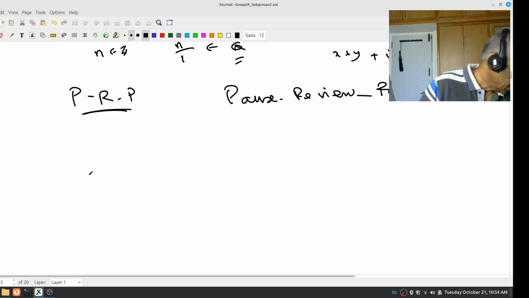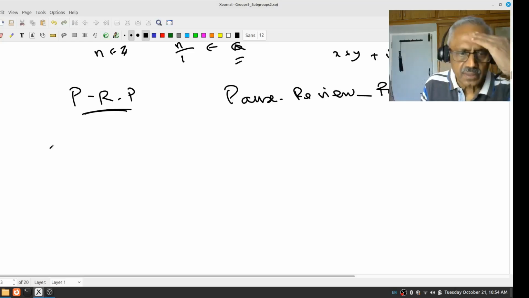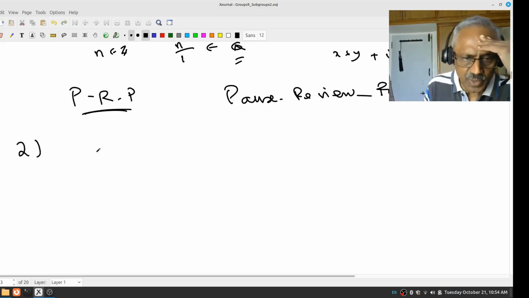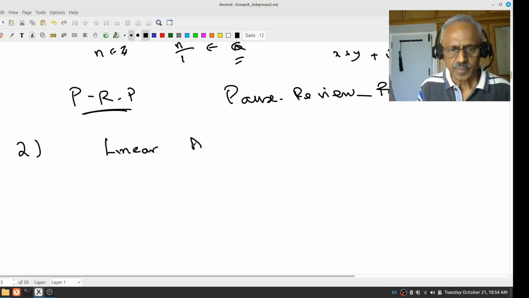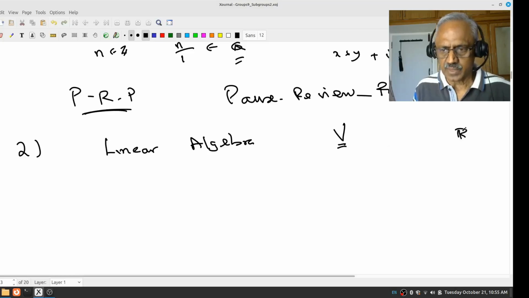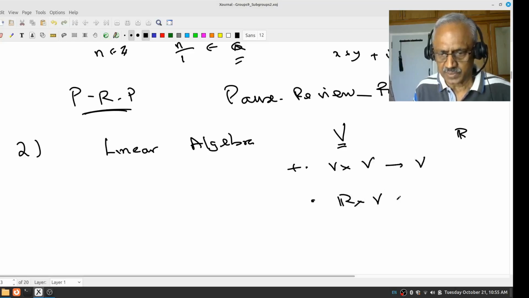Okay, right. The next important thing is a slightly abstract example. I am sure all of you have learned linear algebra, and therefore V is a vector space, let us say over R. It has two operations: V cross V to V, and the dot operation, which is R cross V to V. Now, this is scalar multiplication, not dot product.